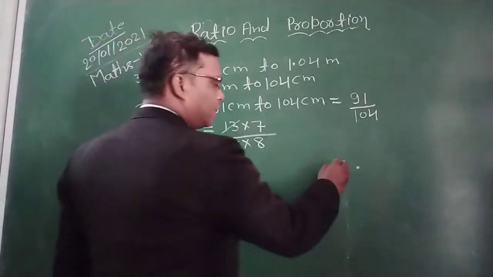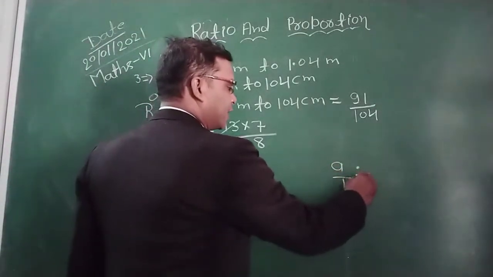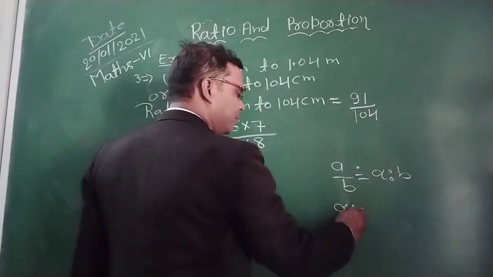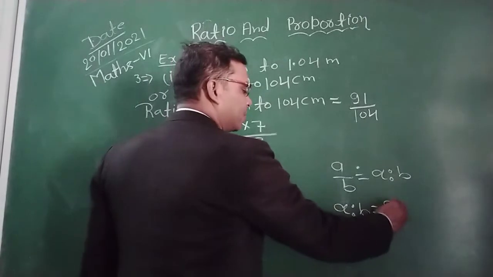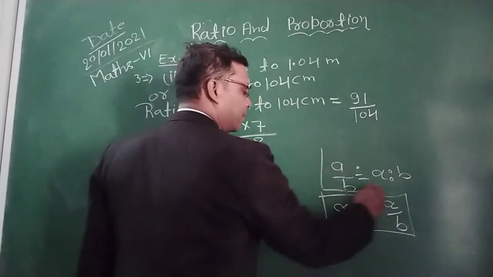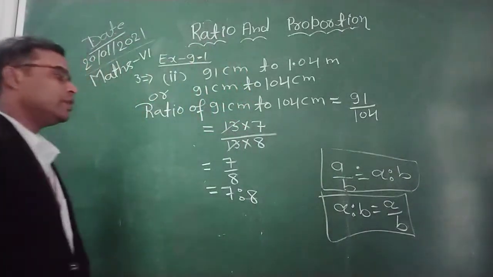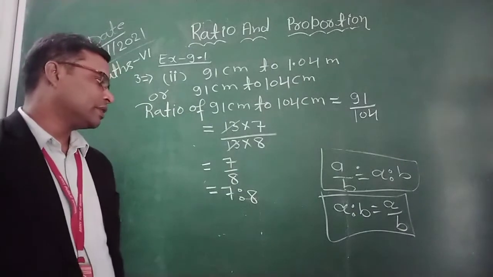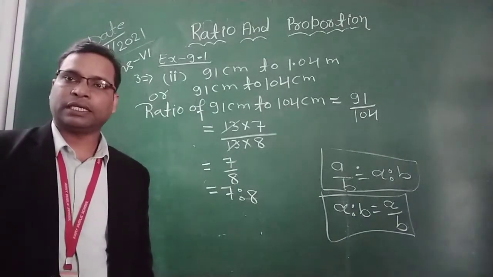Because you know very well, A by B you can write as A ratio B, or A ratio B you can write as A by B. Both are right. So here 7 by 8 we can write as 7 ratio 8. Clear?